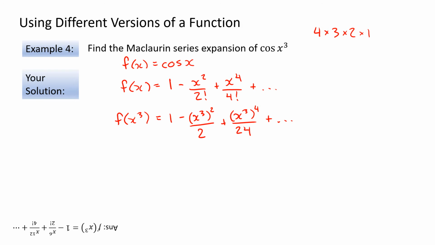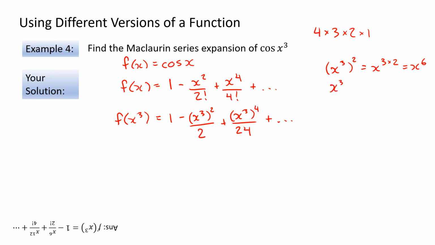To solve for this, the one thing to keep in mind is your rules of exponents. If you have x cubed, in this case squared, so the x cubed is raised to another exponent, that's the same as x to the exponent 3 multiplied by 2. In this case, you don't add the exponents together, you multiply them. So that becomes x to the exponent 6.